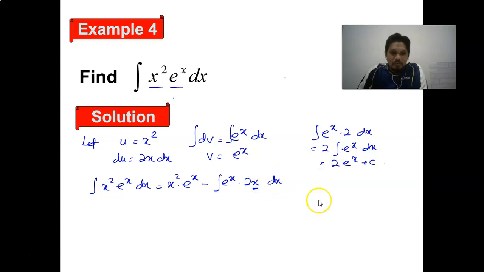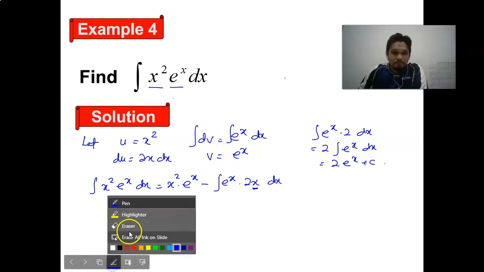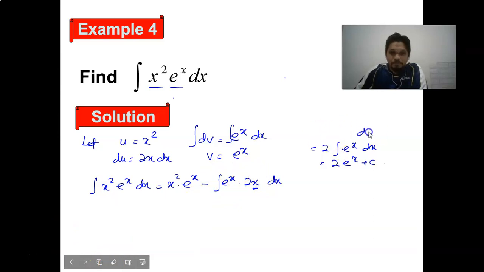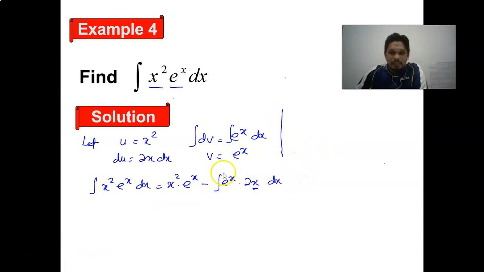Which means we are going to come up with another u and dv for the second part only, for this one.